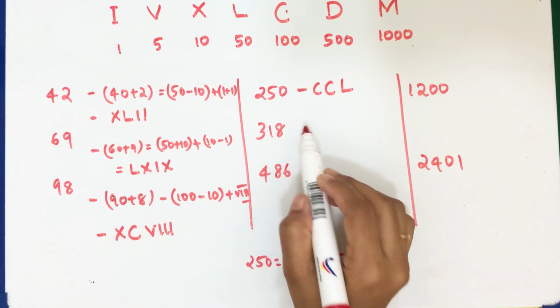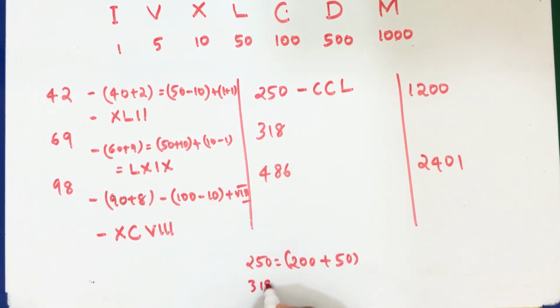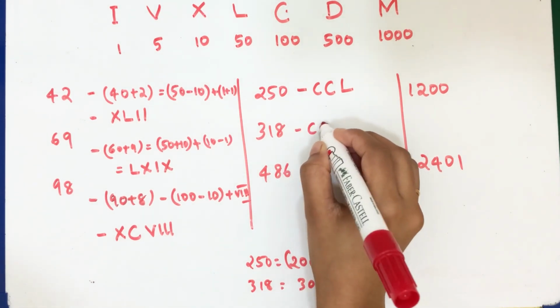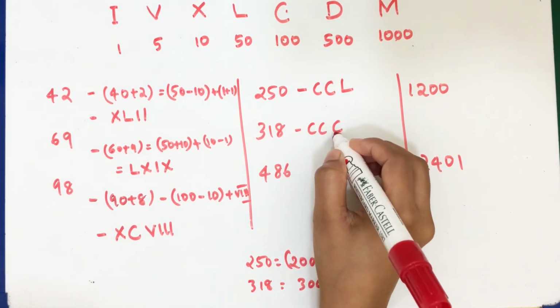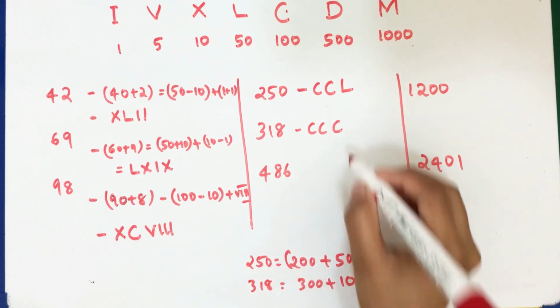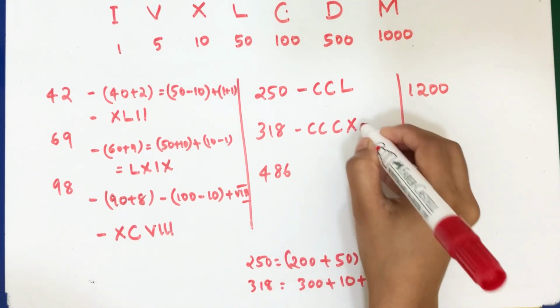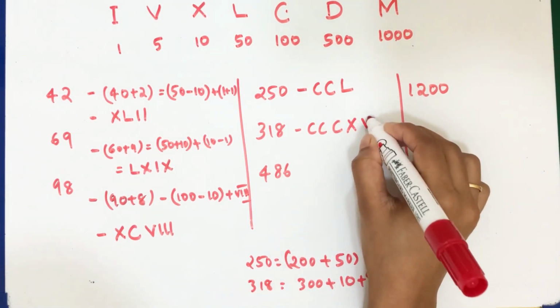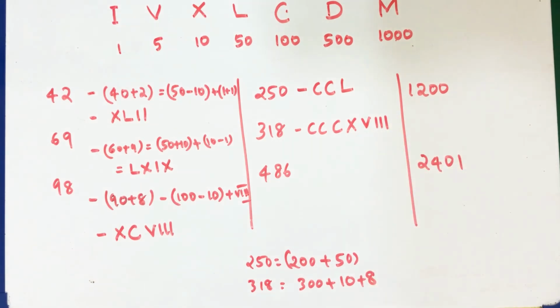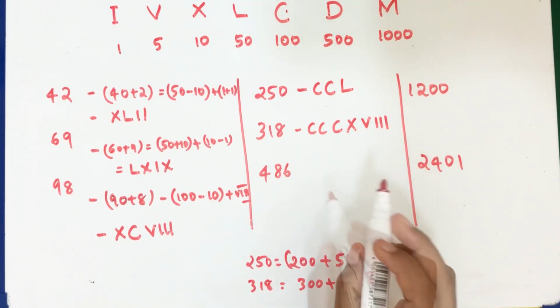Now 318. 318 is 300 plus 10 plus 8. 300 is 100 plus 100 plus 100, that is C, C, C. 3 times we can repeat. Then 10 is X and 8 is 5 plus 3. So this is 318.